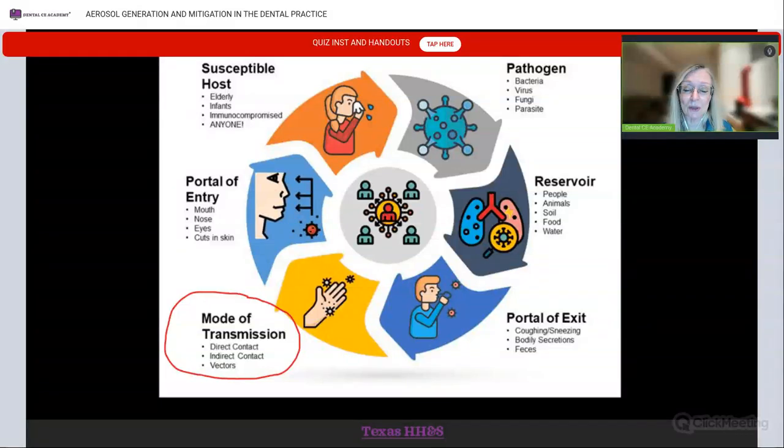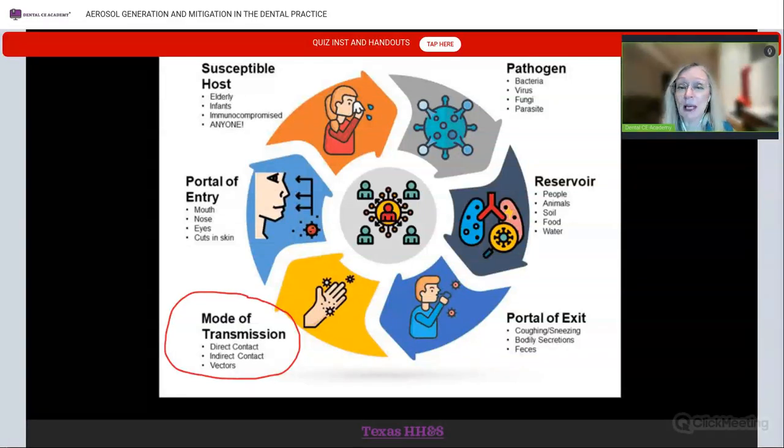We have to deploy effective hand hygiene. That can be through direct contact, indirect contact. We're not going to talk about vectors, but enough to say that vectors would be rats or insects that harbor that particular pathogen, ticks, for instance, mosquitoes.